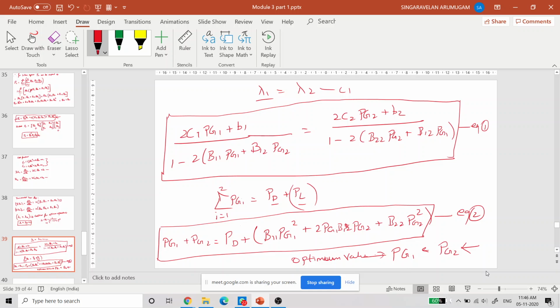By solving equation 1 and equation 2, we get the result of PG1 and PG2, and if you allocate the load by the values you get for PG1 and PG2, then that is the optimum condition. Understand? So this optimum condition satisfies this and this. Any doubt about this? No, sir. It's clear, right? Yes. Okay.